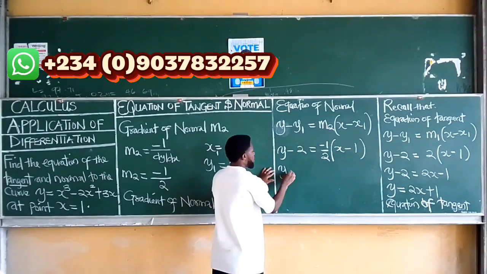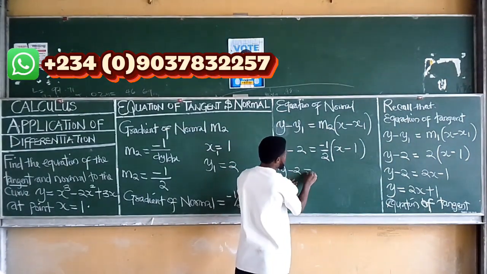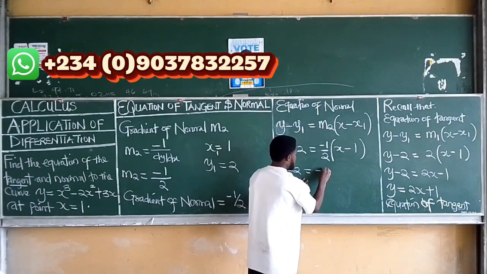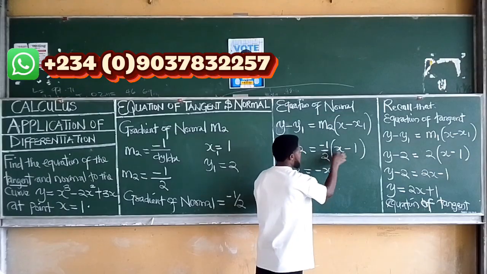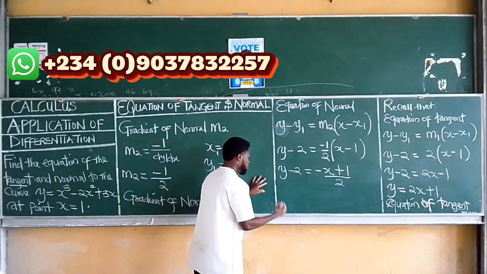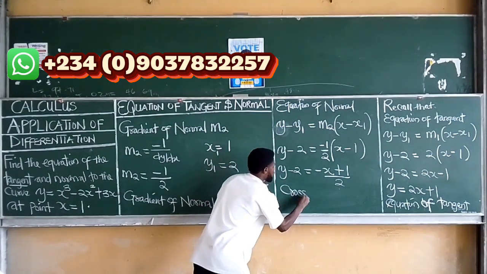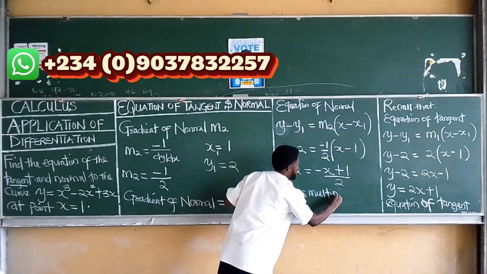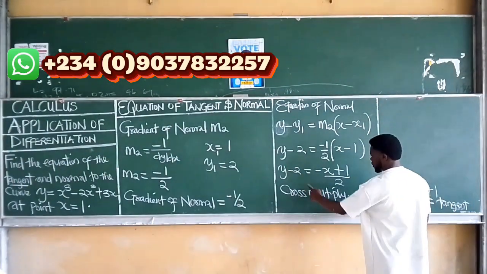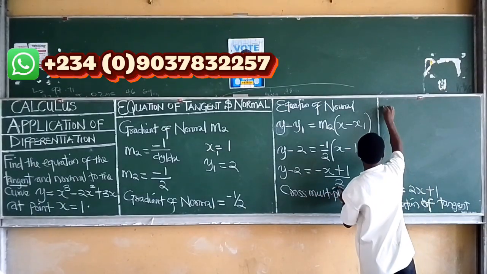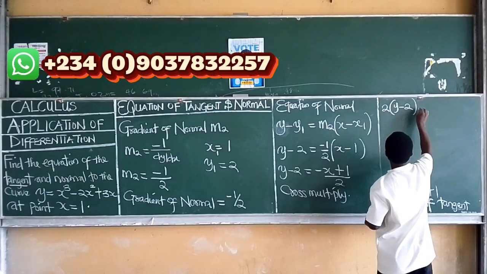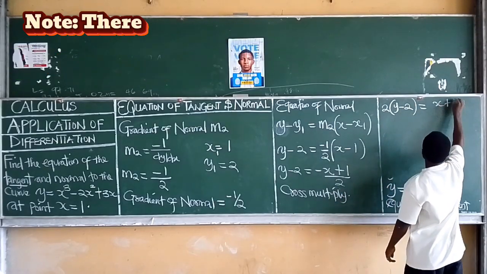Okay, y minus 2 is equal to, multiplying this by the bracket, we obtain minus x plus 1, all over 2. Let's cross multiply. By cross multiplication, 2 times (y minus 2) is equal to minus x plus 1.